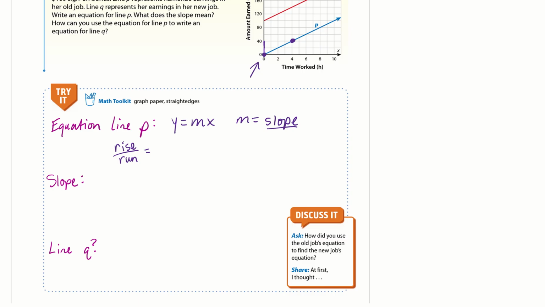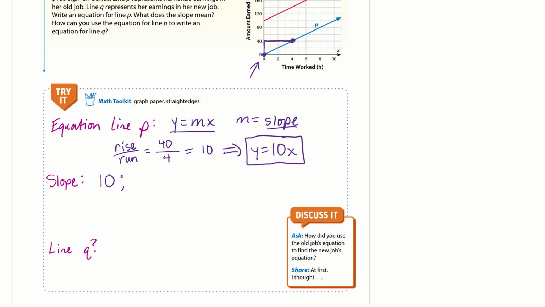That is a rise of 40, since we went from 0 to 40, and a run of 0 to 4, which is 4. Okay, so you should have gotten 10 for your slope. You can use that to write the equation y equals mx, but instead of m, you should have written 10. So you got y equals 10x should be your equation for line P. Okay, your slope was 10.